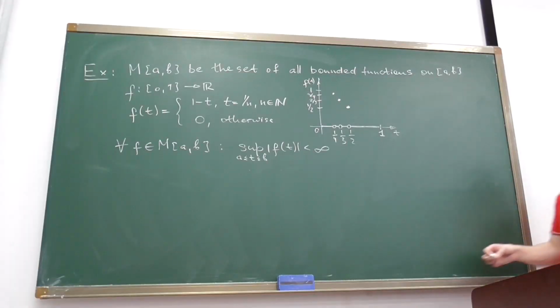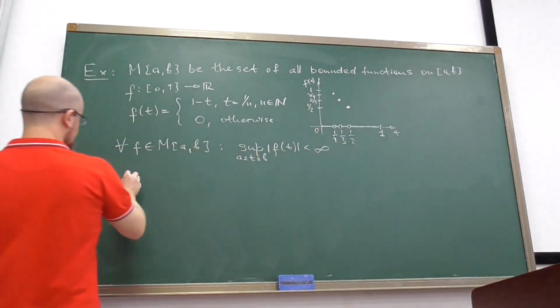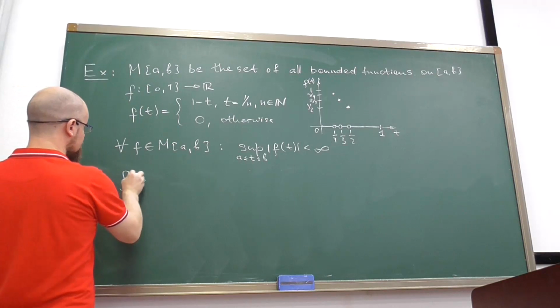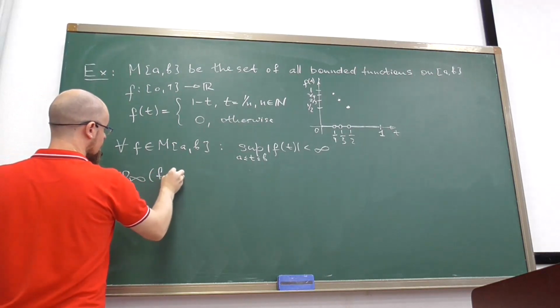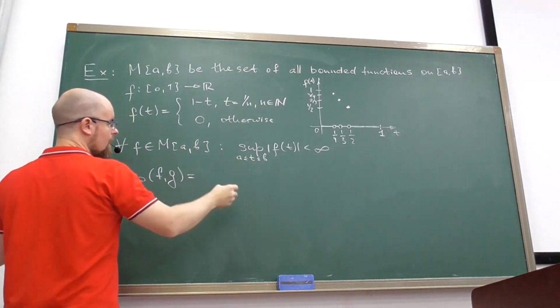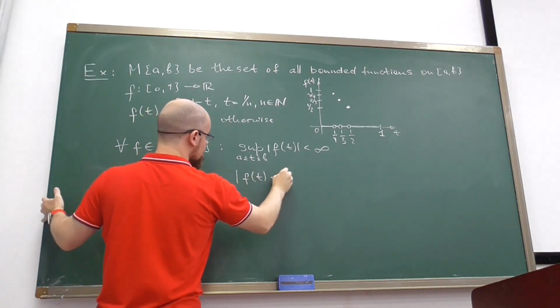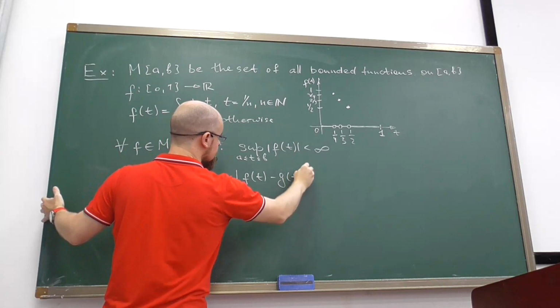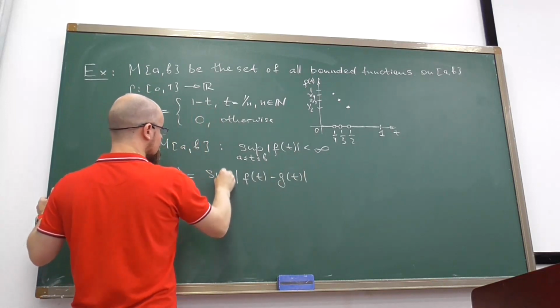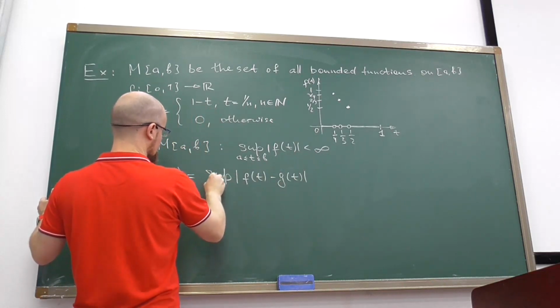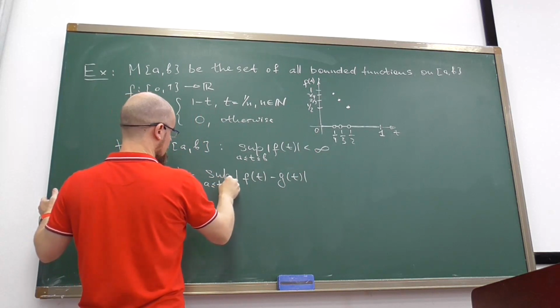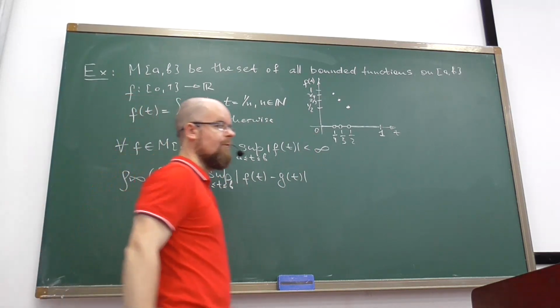So on this set we can define the rho infinity metric, which is the absolute value of the difference of two functions, and then we take the supremum of this expression.